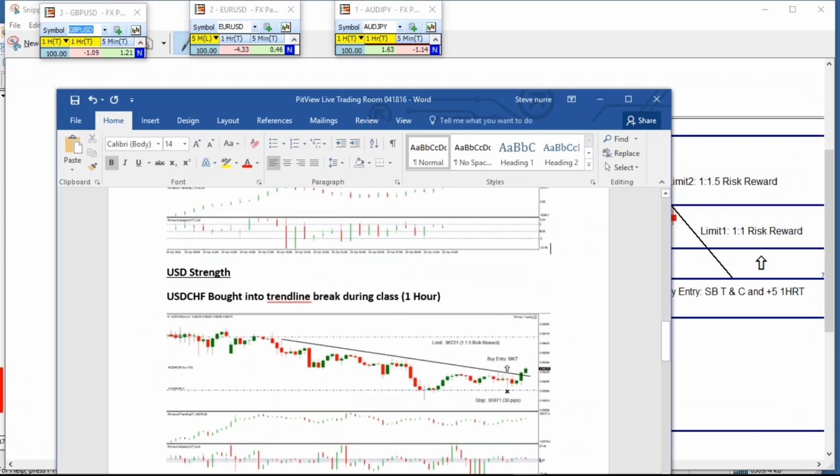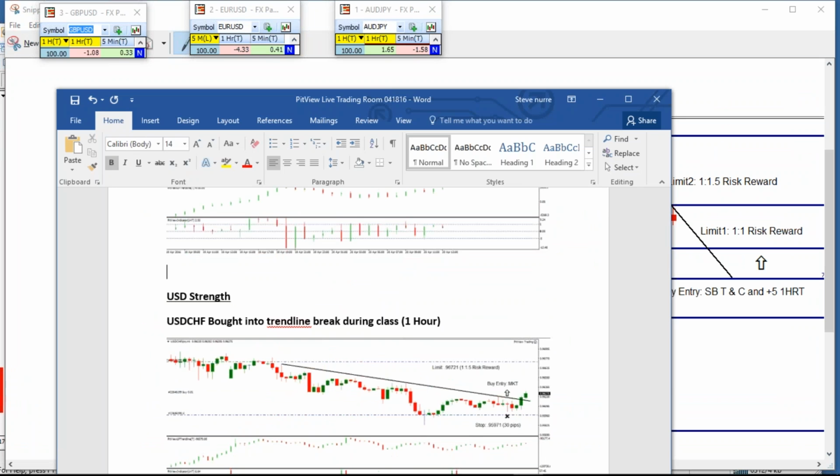In fact, I like that one. Well, I like Gartleys in general, but especially when they're in the direction of where my view is. Potential bullish Gartley is what we should call it.